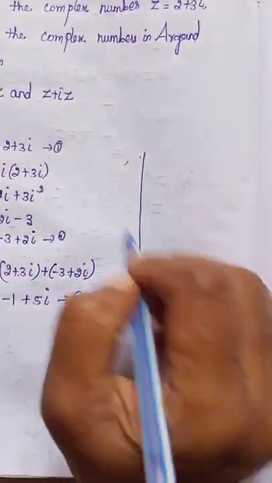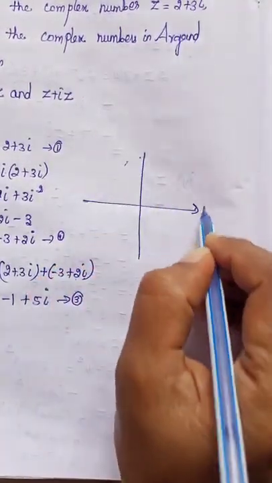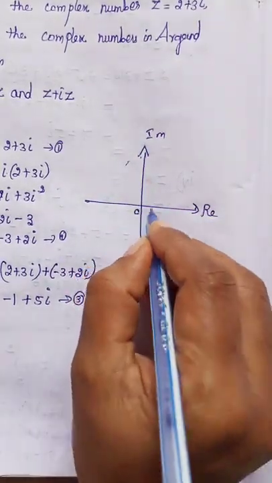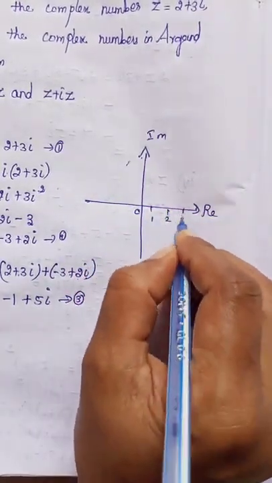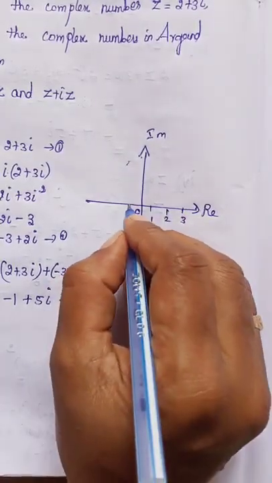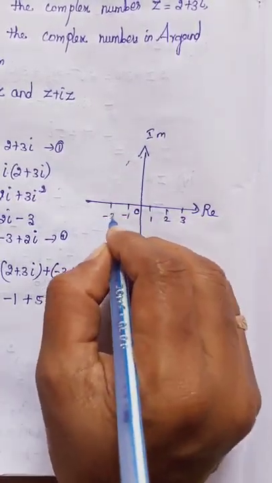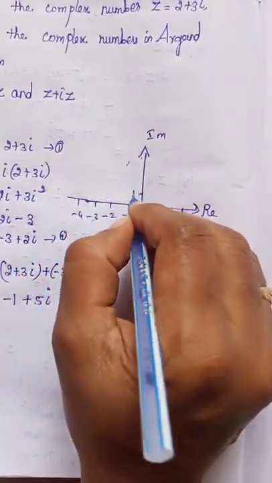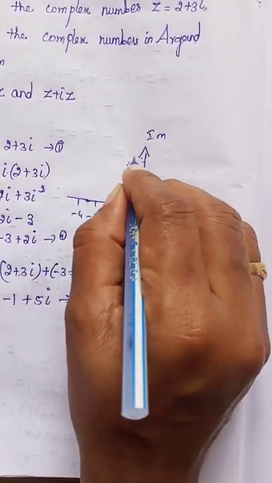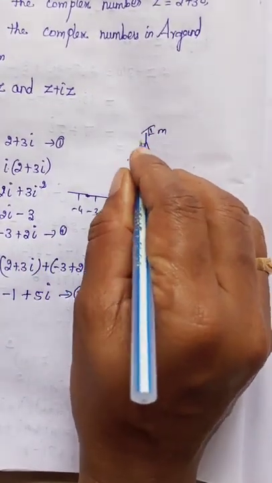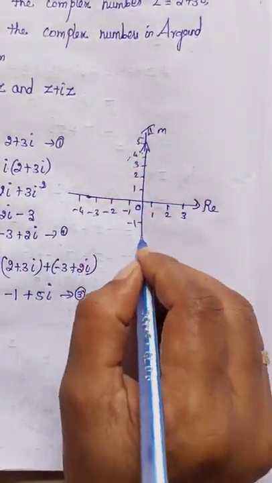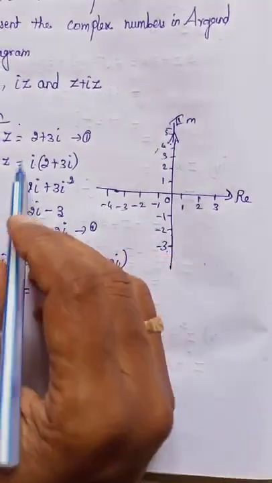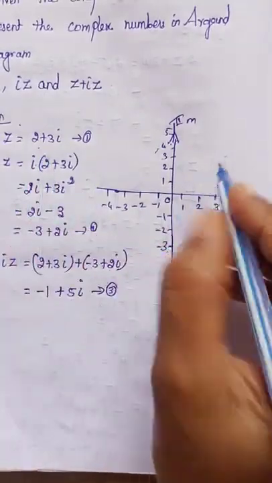So we can put, this is the real part we know and this is the imaginary part. Okay, the first one is 2 plus 3i means 2 comma 3, isn't it?